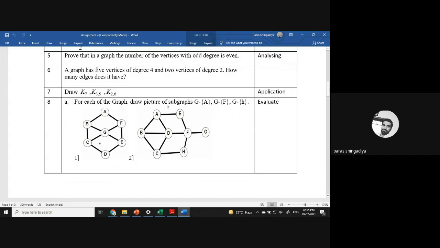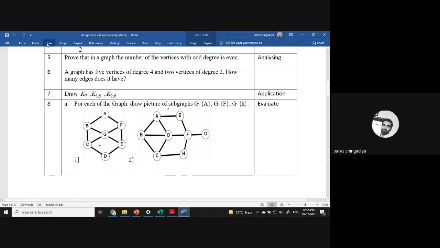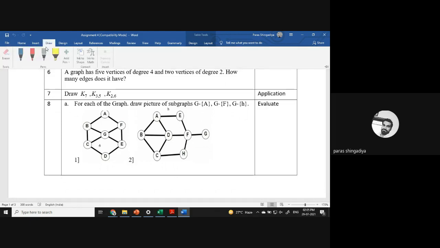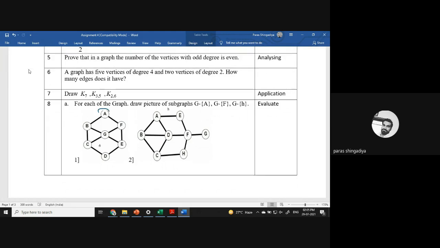So what is the meaning of G minus A? Here G minus A means you have to delete the vertex A from this graph and just draw the picture of the remaining set. That is our graph G. Both are known as graph G.